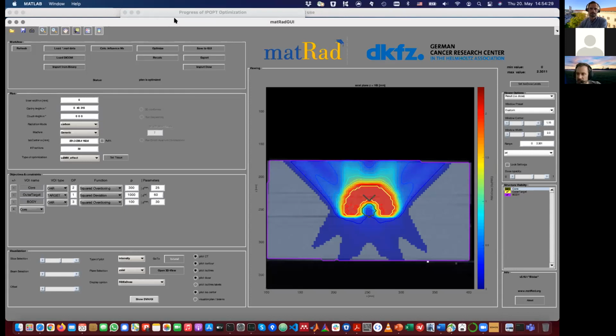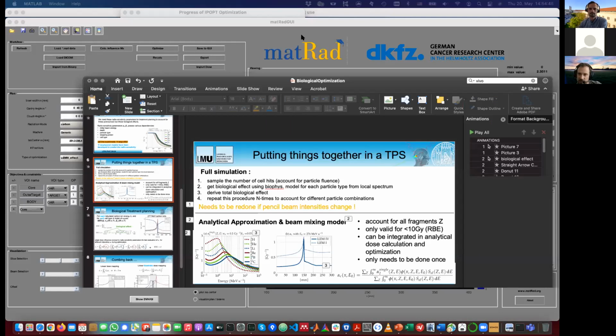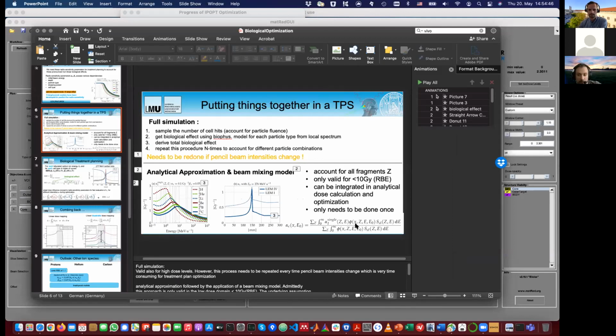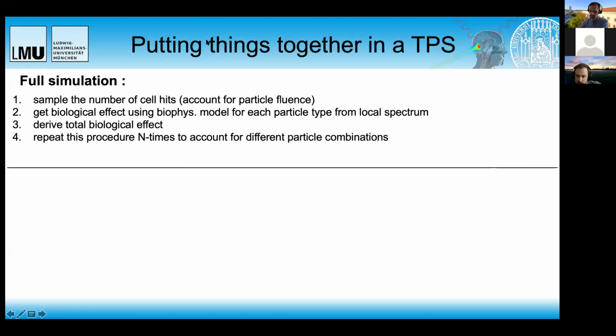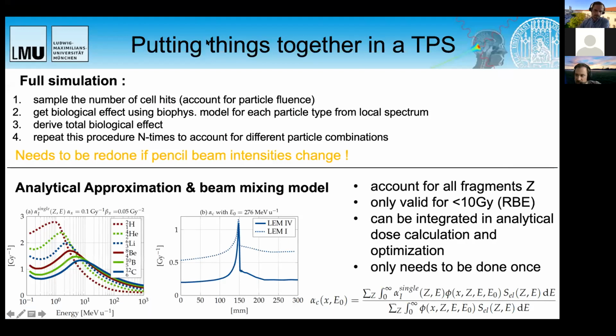And these matrices are used to basically not have to evaluate the model, because if the model, like LEM4, for example, is very complex and you cannot directly evaluate it easily during optimization, you need a way around this, and this is how it is handled in MATRAT. So basically you have now two matrices in the background. Exactly, and these matrices can now effectively be used during optimization.